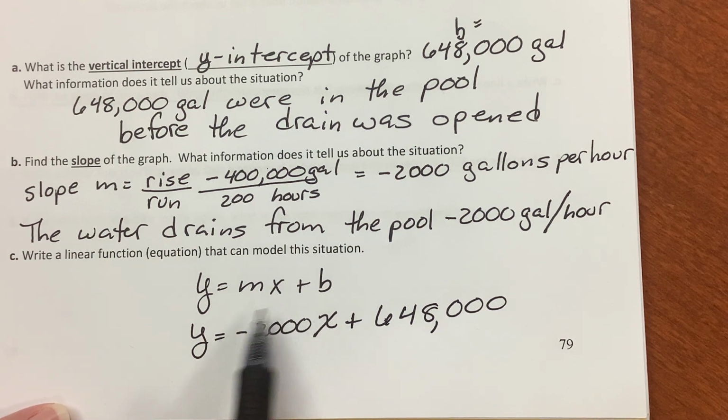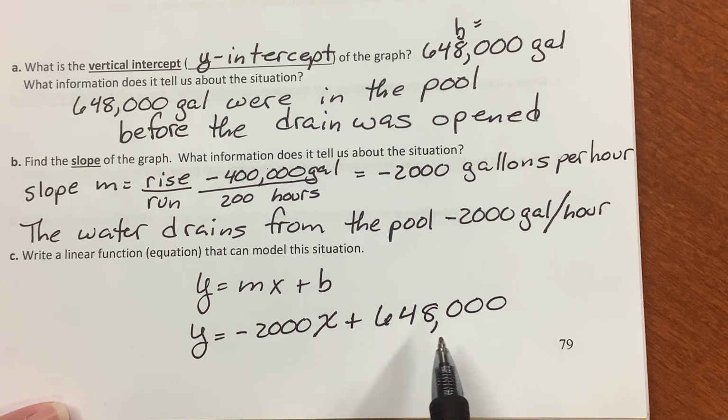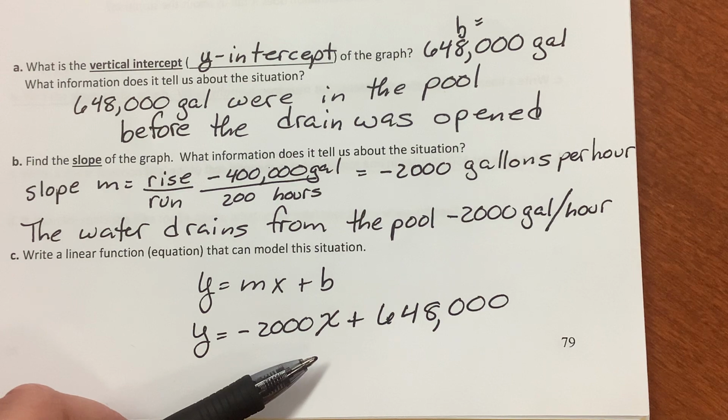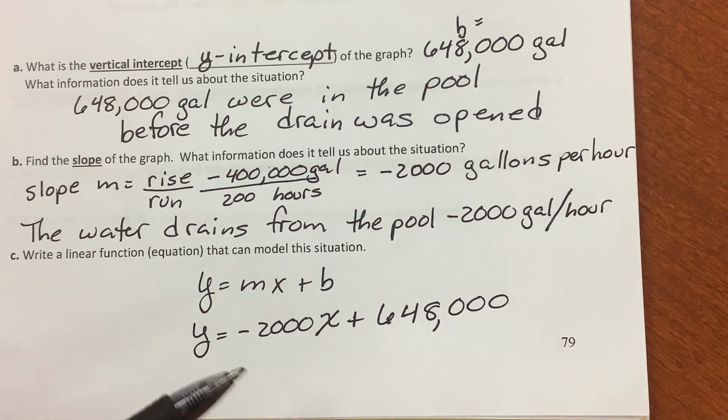How much water is draining out of the pool? How much water was in the pool to start with? You can find out how much water is in the pool at any time by filling in the number of hours the drain has been opened. And then it'll tell you how much water is left in the pool.